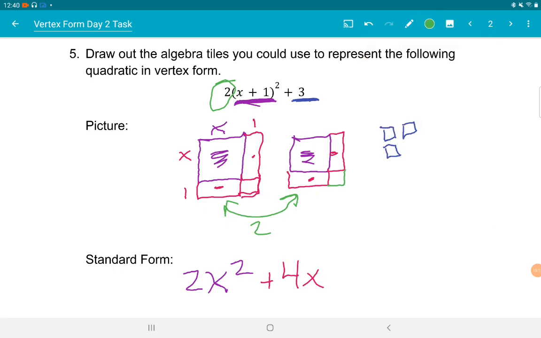And then in the corner, we've got a 1 here, a 1 here, and then we've got 3 more, right? So I've got 2 plus 3 is 5. Okay, so 2x squared plus 4x plus 5 is another way of writing this quadratic equation.